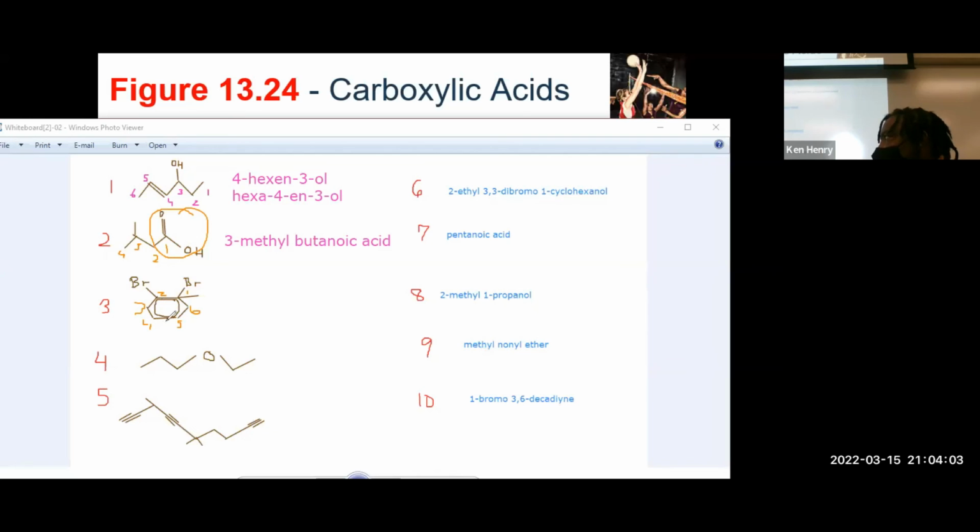Since it has that 6-membered ring with the circle in it, it's benzene. So this would be called 1,2-dibromo-1-methylbenzene.